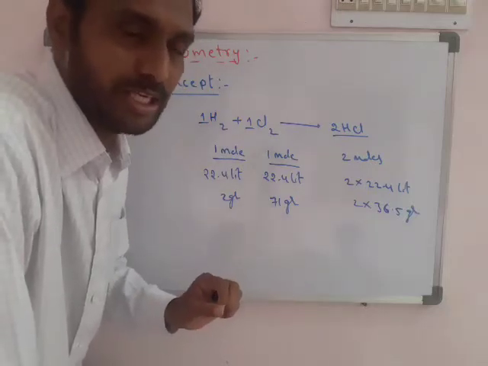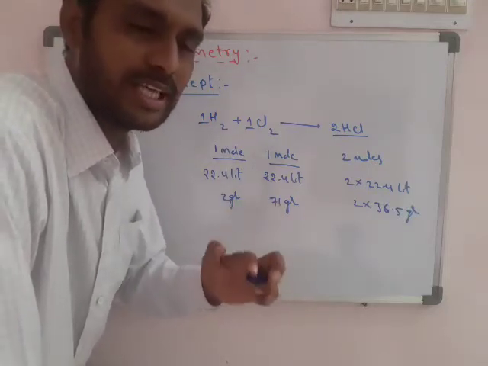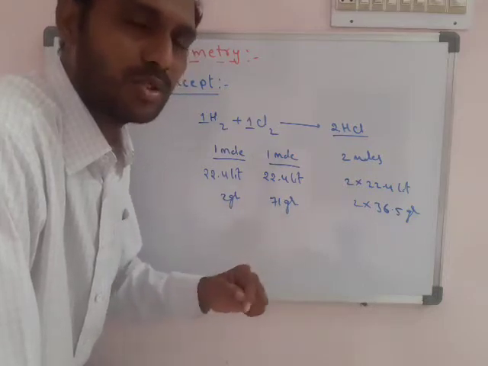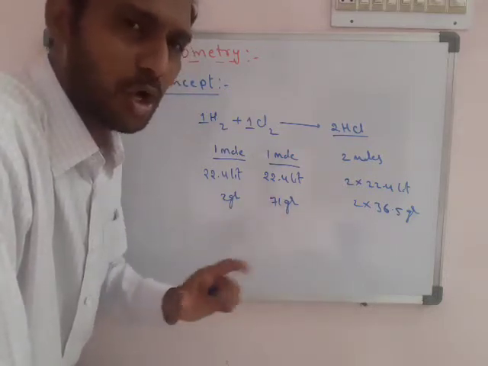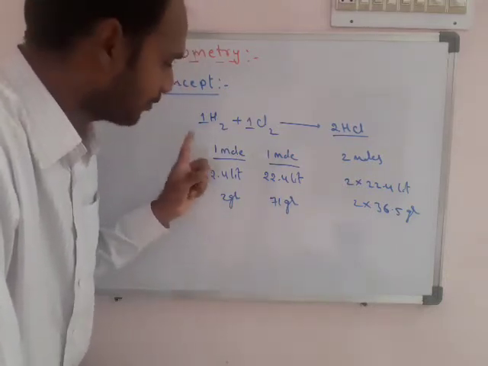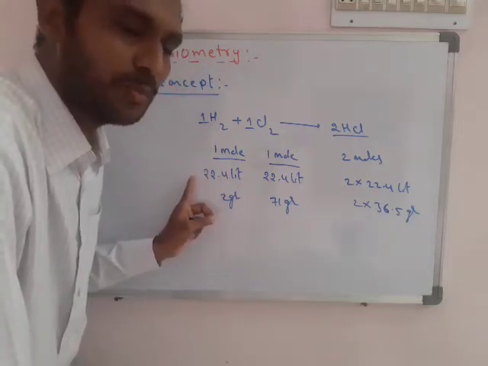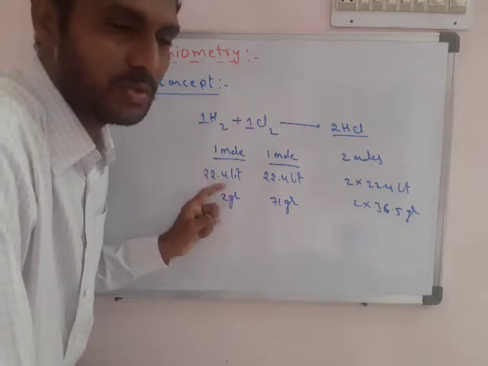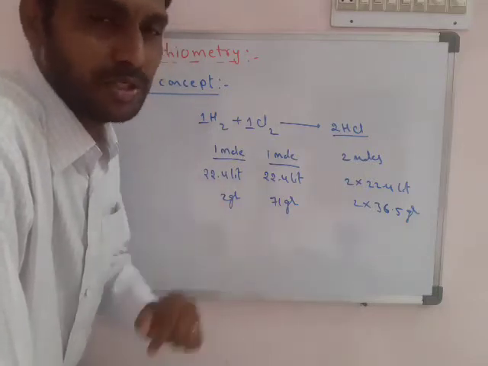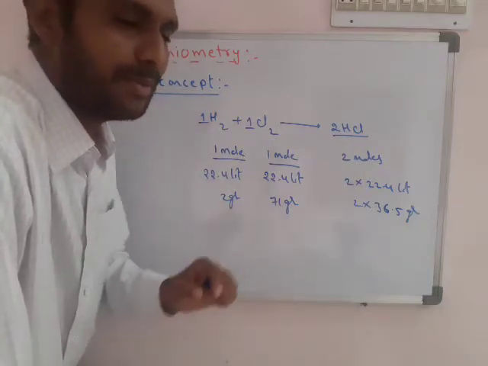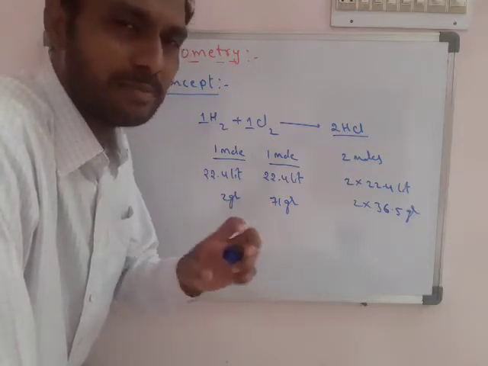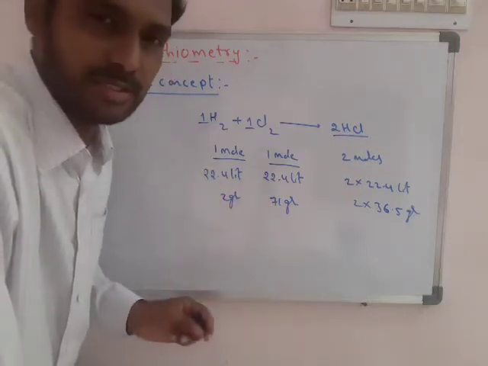Based on the information given in the problem, we should proceed. But the common step for all: at STP, 1 mole equals 22.4 liters. 1 mole is also equal to its molecular mass. On the mole concept you have to get a perfect idea to follow this.